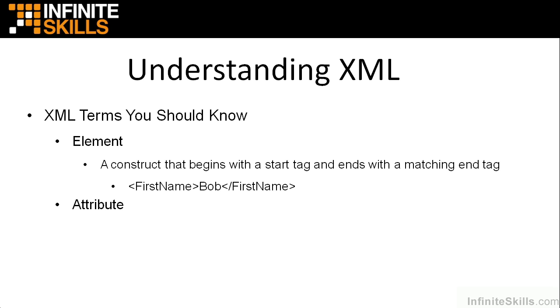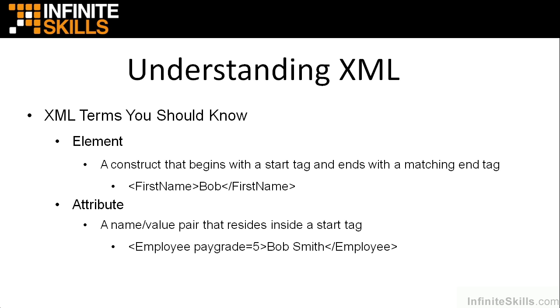Now, attributes have long been something to discuss and fight about and disagree on, and it's just a data structure formatting situation. We have these no matter what we're working with, XML or relational or whatever. And this is a name-value pair that can reside inside a start tag. So notice, for employee Bob Smith, instead of just having employee, we also want to mention that Bob is at pay grade 5.